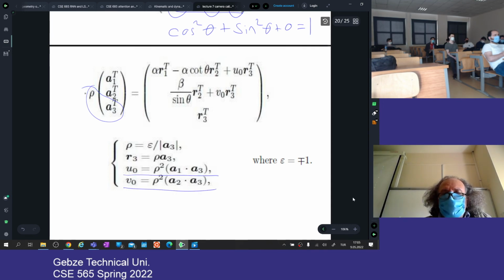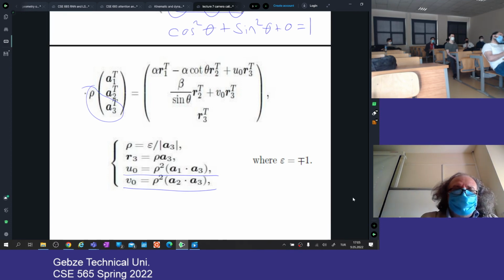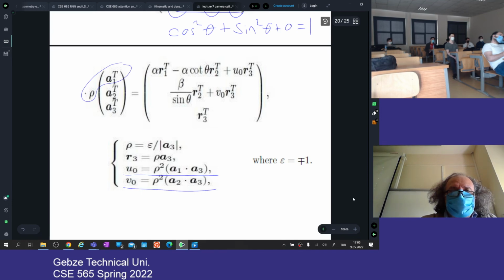U0 and V0, they say that multiply this one with A1 and with this one. No, you can't see that. You can with this one, right?